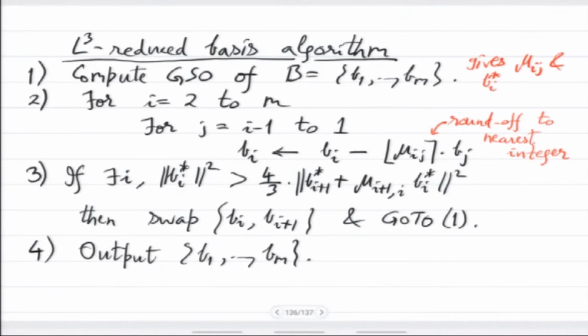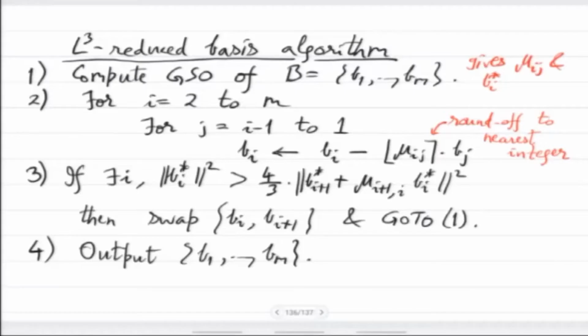Bi did not satisfy the condition, but maybe when you swap, Bi plus 1 will satisfy the condition with respect to the next. But since you have changed the order of the vectors, you have to recompute GSO. So go to step 1, and keep doing this. Hopefully this will terminate after a finite number of steps, and then you will output B1 to Bm.